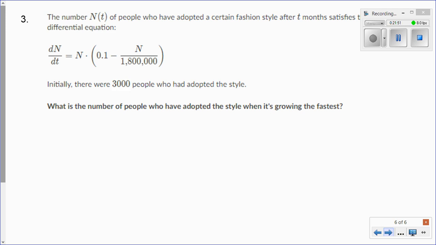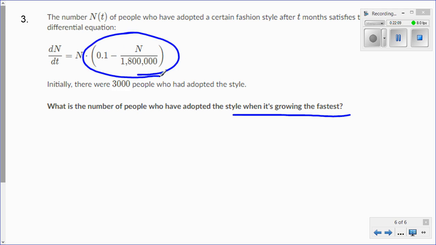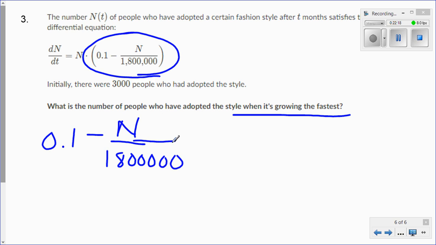Okay, so again, we have to find the carrying capacity because we know that the number of people when it's growing the fastest is going to be 1/2 of the carrying capacity. So again, to find our carrying capacity, we're going to set this factor equal to 0 and solve for N. And then we'll just find half of it.